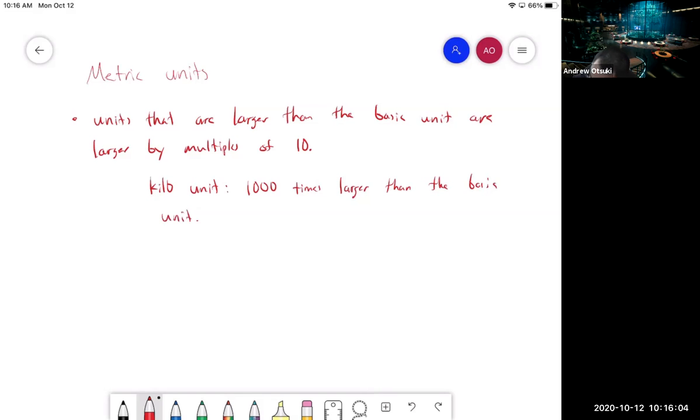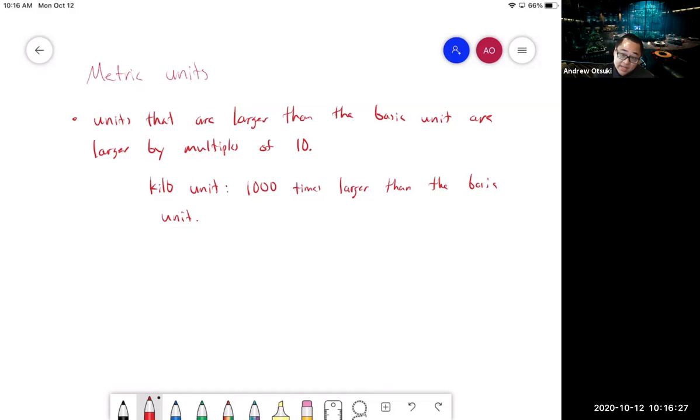The basic unit can be anything: meters for length, liters for volume, seconds for time. But I don't think anyone ever says kiloseconds.